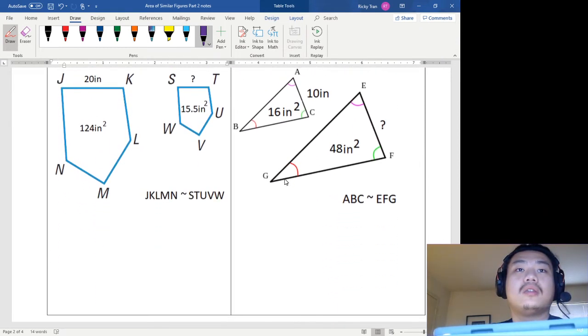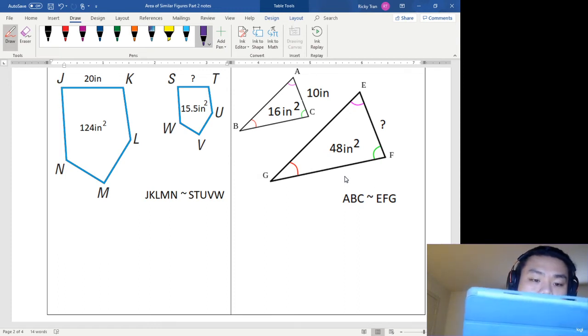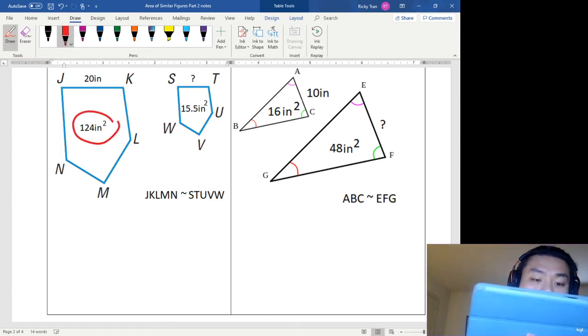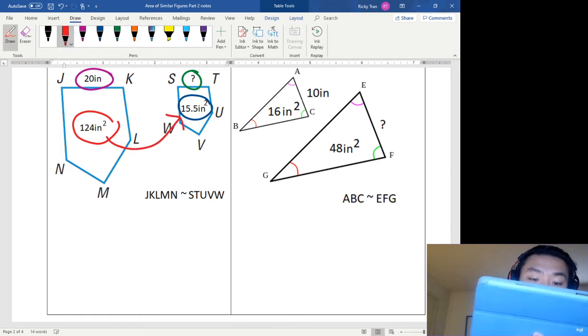All right. Next question. We have area, side, area, side. We're going from big to small, so it's going to be less than 1. We have 15.5 over 124.